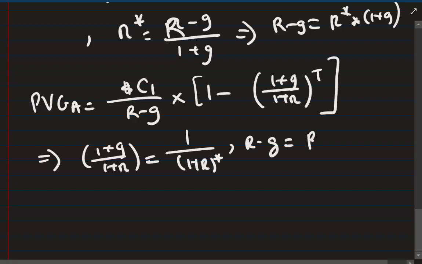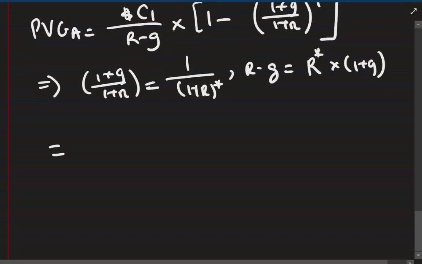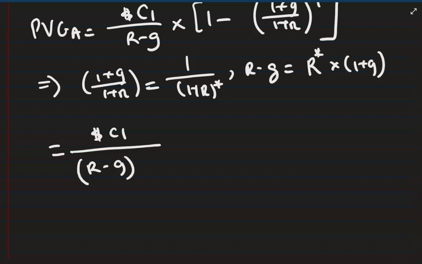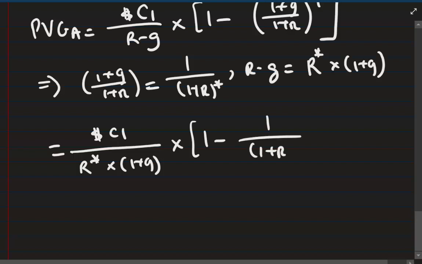Plugging those in, we get $C1 over, not R minus G this time, R star times 1 plus G, times 1 minus 1 over 1 plus R star raised to the power T. This looks awfully like the formula for the present value of a regular annuity.